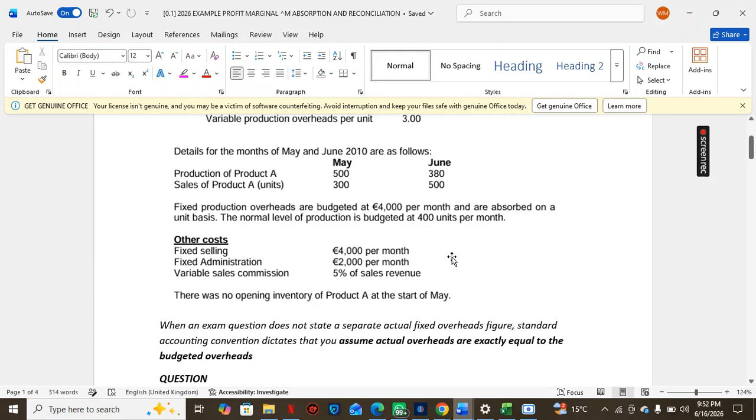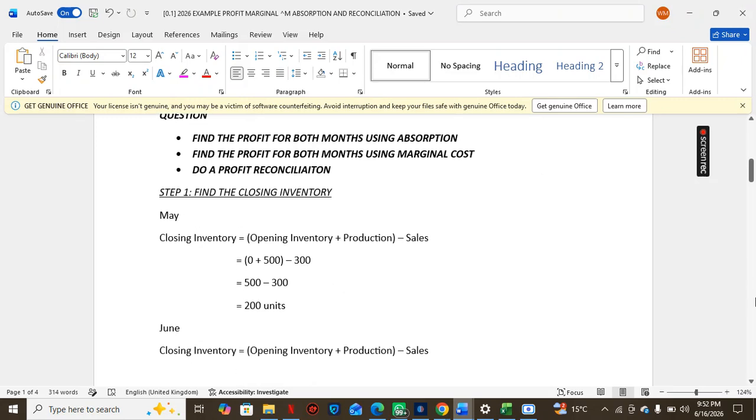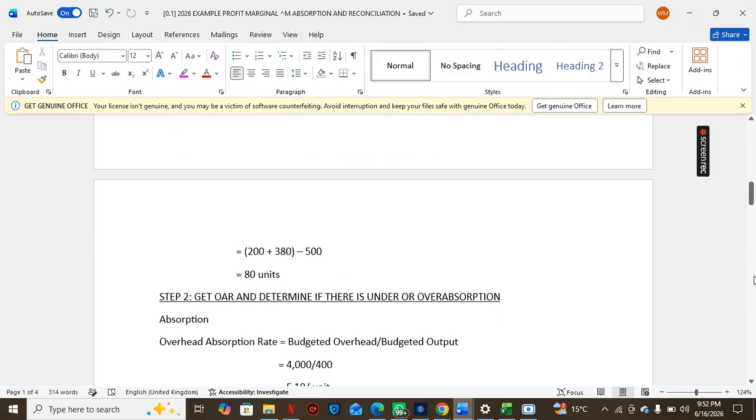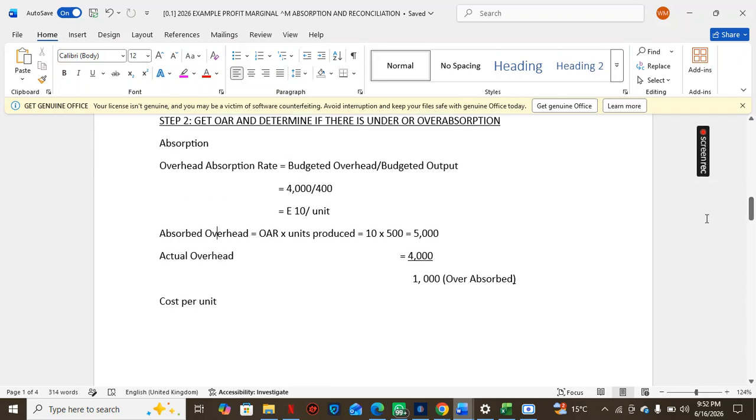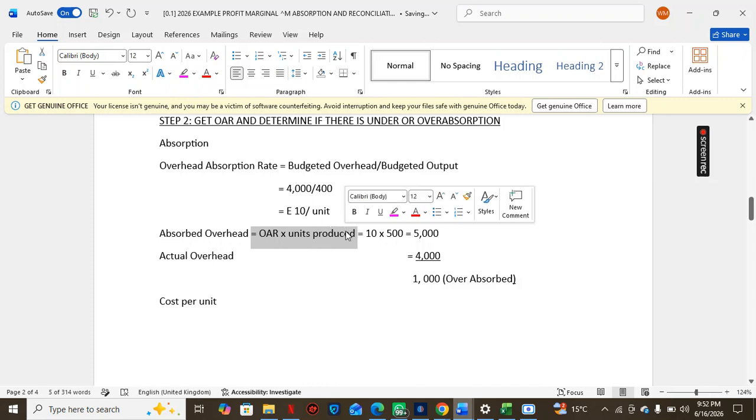So our actual fixed production overhead equals our budgeted one, 4,000. For the month of May, the fixed production overhead was 4,000. Then our absorbed overhead is the overhead absorption rate multiplied by the activity level, which is the number of units produced.